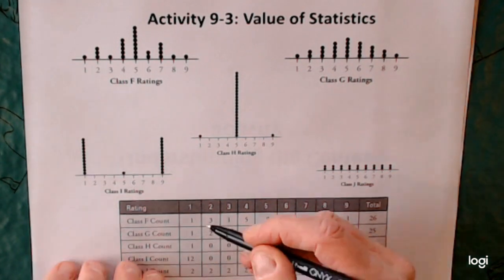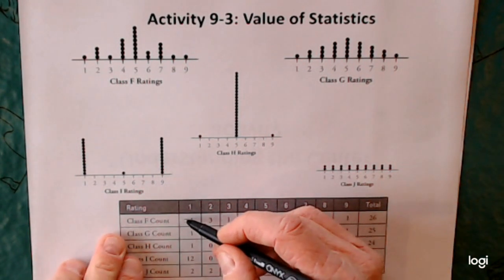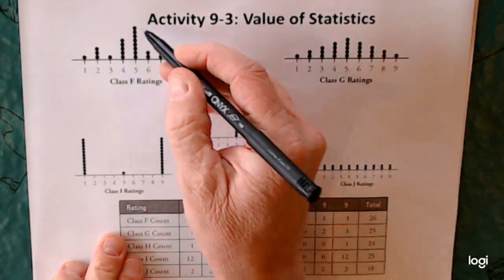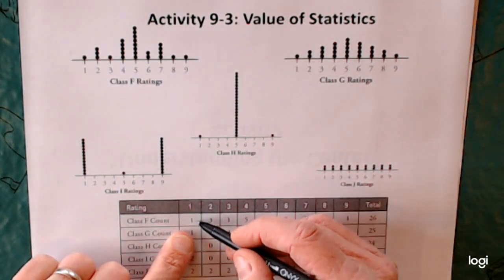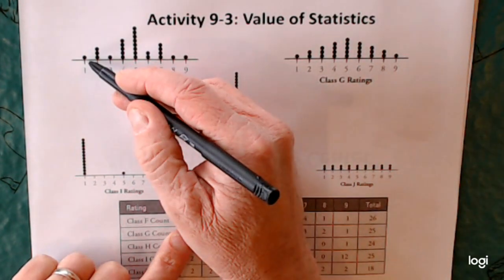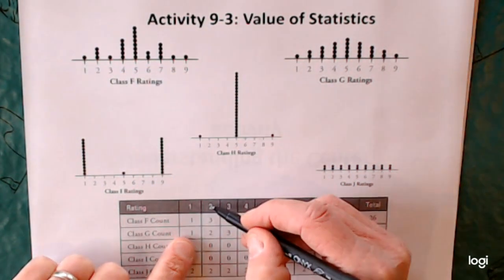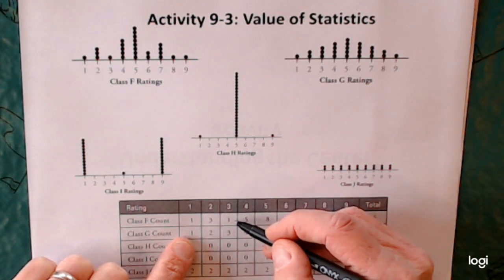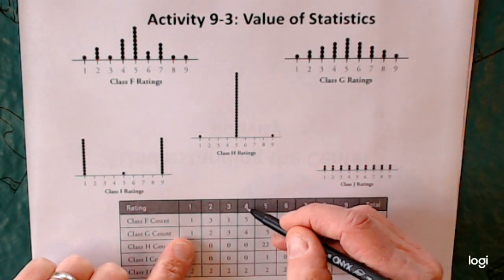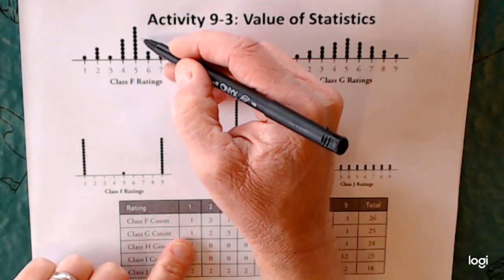But when we look here at class F, here's the dot plot for class F. One person scored a 1, that's the 1 dot, and then 3 people scored a 2, and 1 person scored a 3, and 5 people scored a 4, and so on.